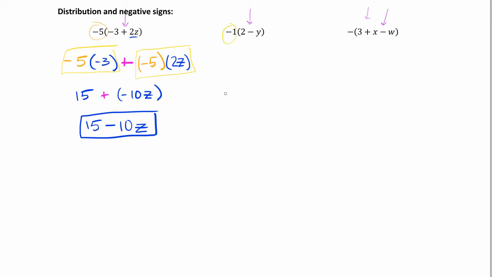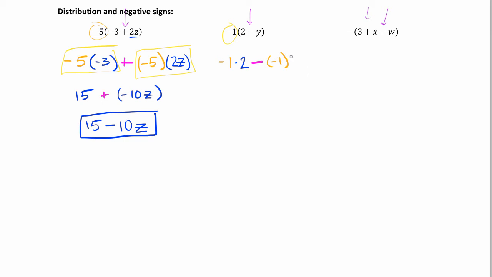Now the thing that I'm distributing is this negative 1. So I'm going to have negative 1 times 2. I'm going to leave that subtraction symbol the same. And then my negative 1 is going to get multiplied by y.